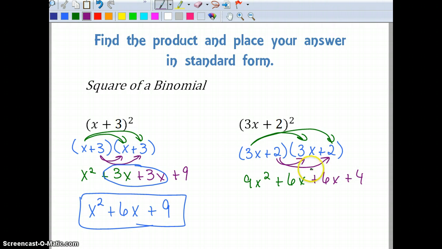Going to go through, combine my like terms. Positive 6x plus 6x gives me 12x. So my answer is 9x squared plus 12x plus 4.